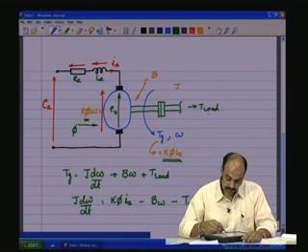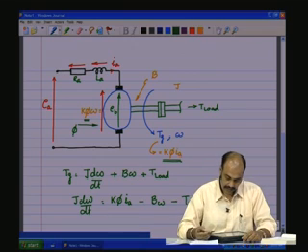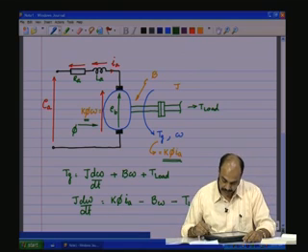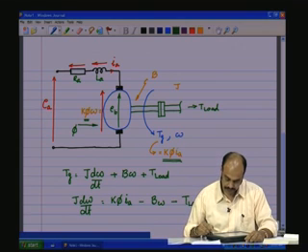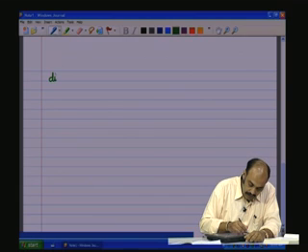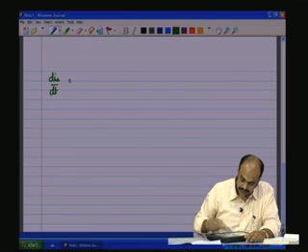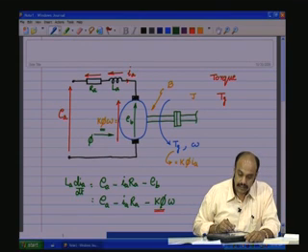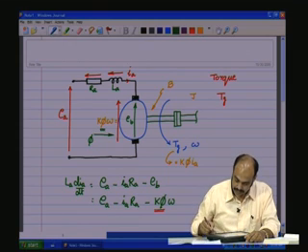So as a mechanical input to the system there is T load, and as an electrical input to the system we have EA. Combining these two, we have dIA by dt equals EA by LA, RA by LA into IA, and k phi by LA into omega.